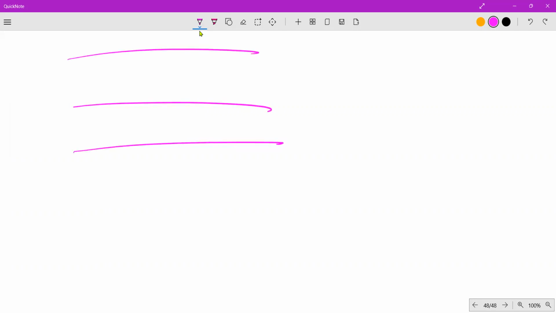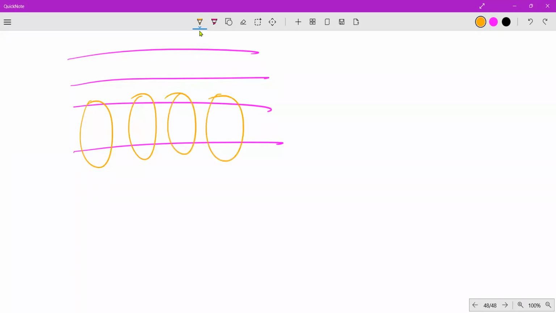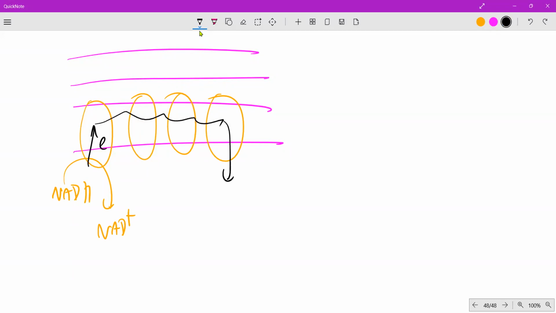See something. Roughly. This is what is happening in mitochondria.